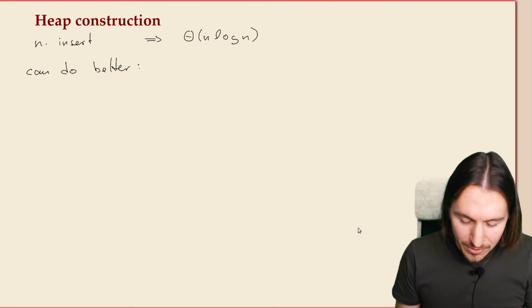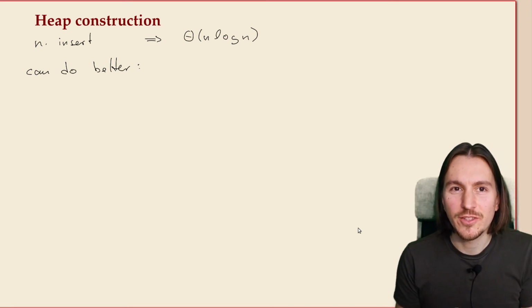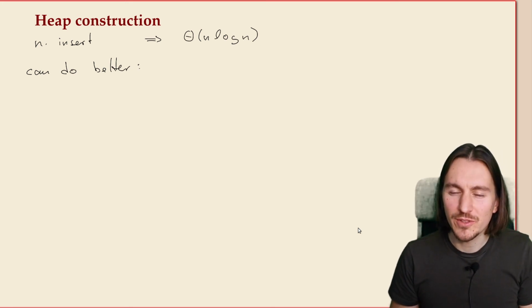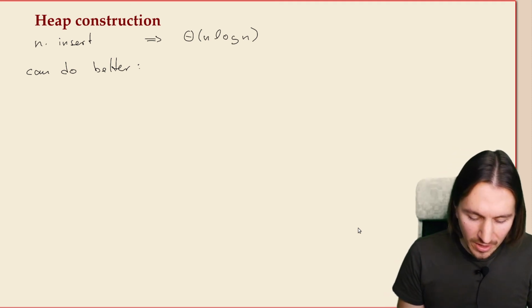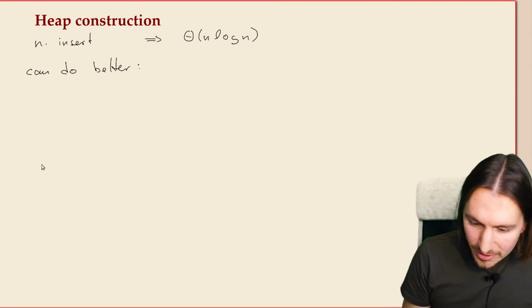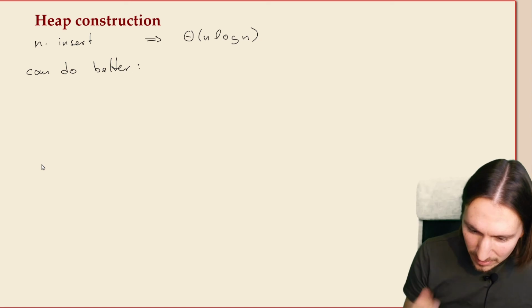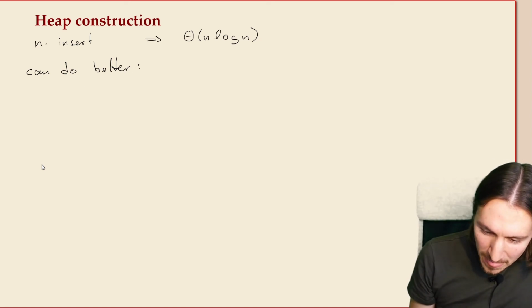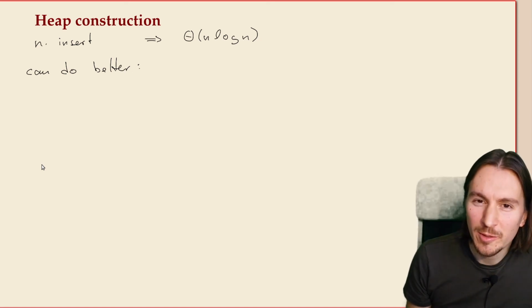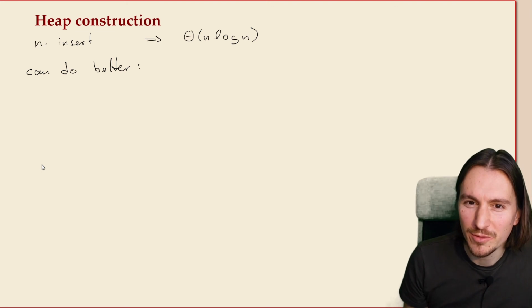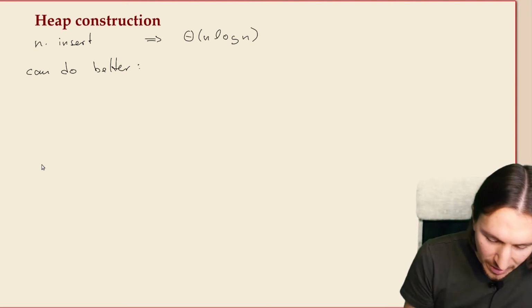And the idea is to start with small heaps and merge them. So you first start, let's take our, I probably don't have time to go through the full worked example.